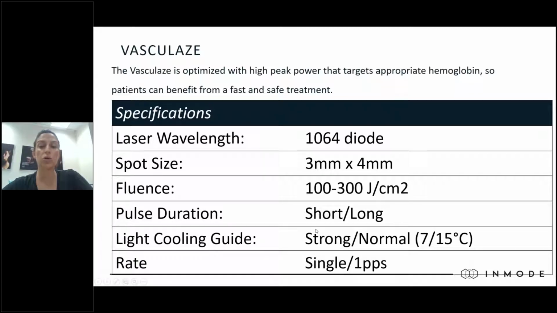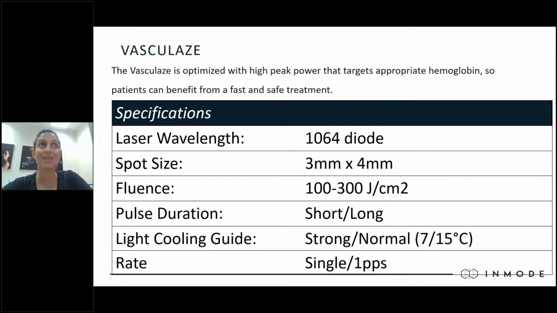Then there's the cooling of the light tip, which may be set to strong or normal. Strong correlates with 7 degrees Celsius, while normal correlates with 15 degrees Celsius. The cooling is really helpful for patient sensation with regards to pain. But because we're treating vascular lesions, we have to consider the possibility of vasoconstriction, which we don't want to create.